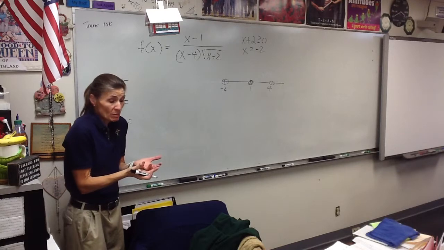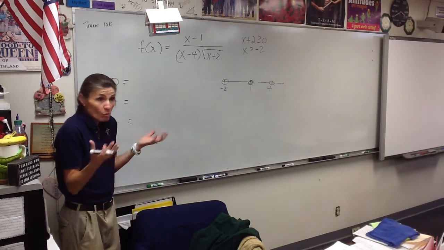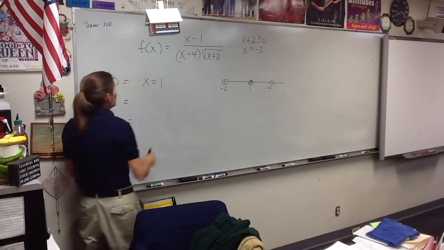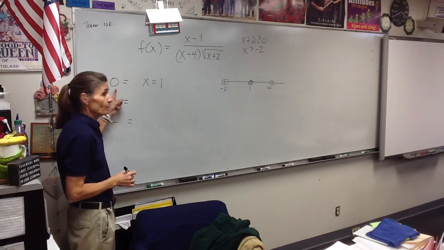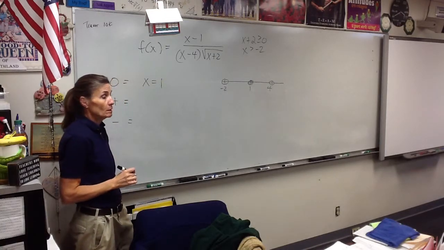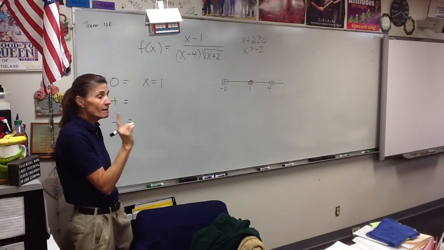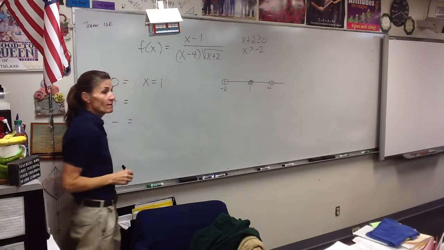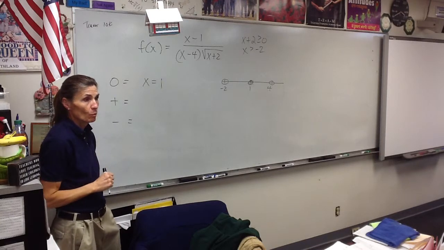But where does it give you 0? In the top. Is there anything wrong with that? No. So if x equals 1, we get a value of 0. Can we color in the 4? No. So there is only one value that will make that fraction equal 0, and that value is 1.